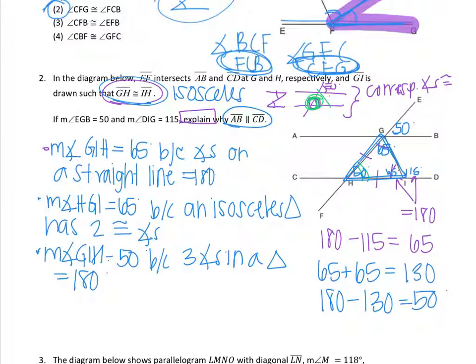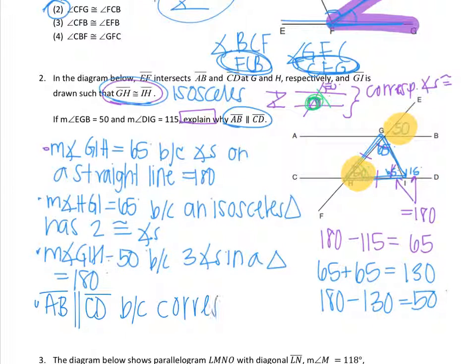equal 180. Okay, now we just found, by looking at this picture, that this angle here is congruent to this angle here, 50 and 50, just like we wanted to show originally. So if we have those two congruent angles, then AB is parallel to CD because corresponding angles are congruent.